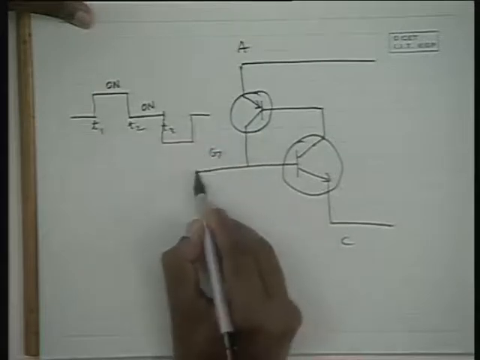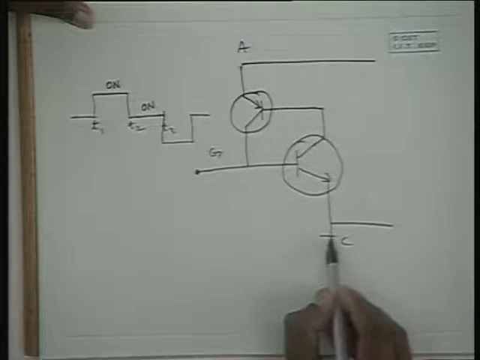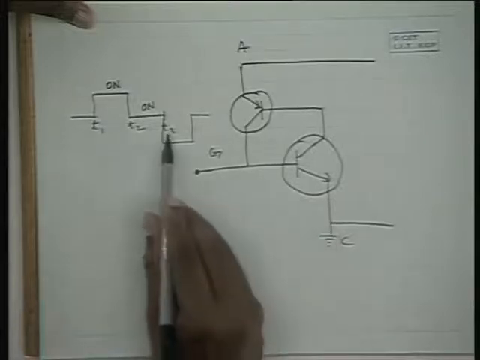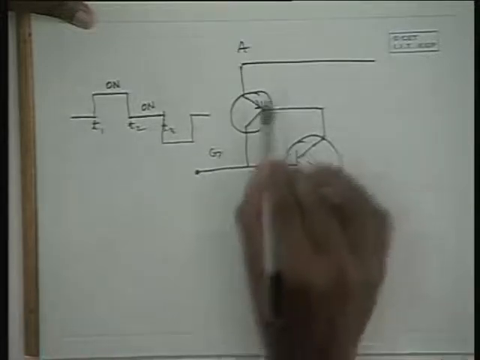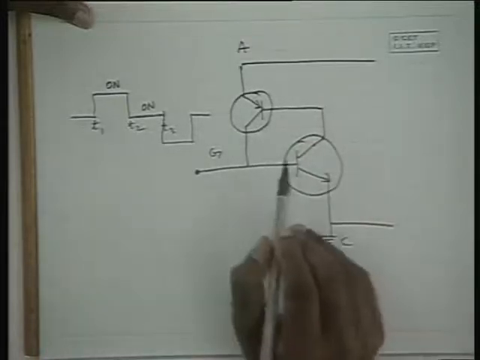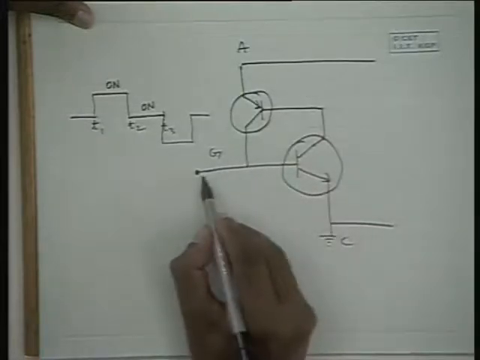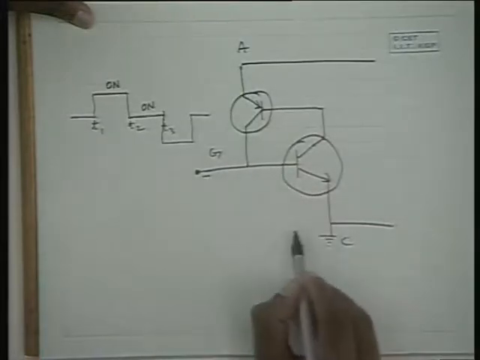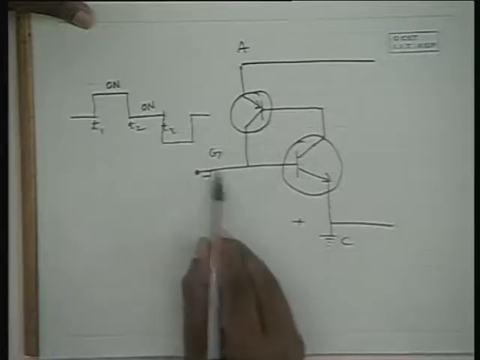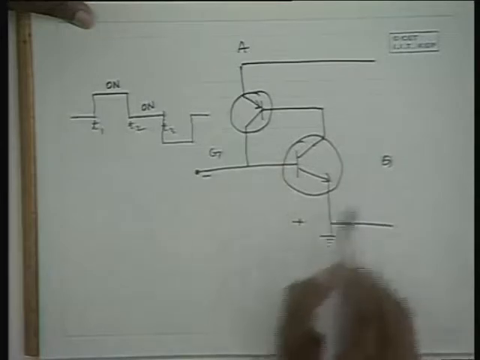like this to the gate, that means between the gate and the cathode, because if I show it as ground, if we apply a negative potential here, and when the SCR is in conduction, in an on state, what happens is this negative potential which is applied between the ground and between the gate and emitter of Q2 turns off this transistor Q2.